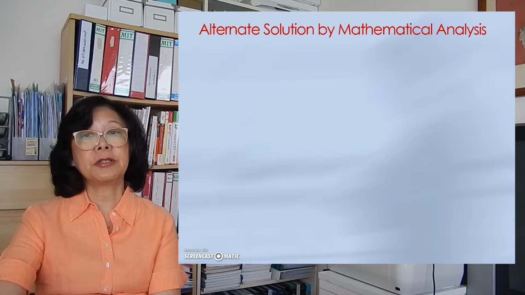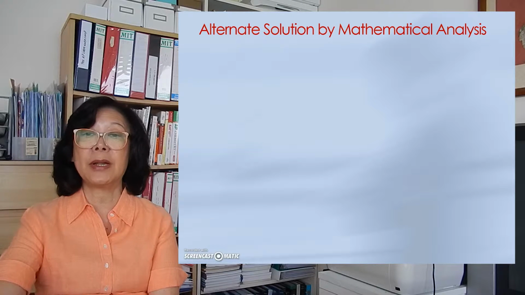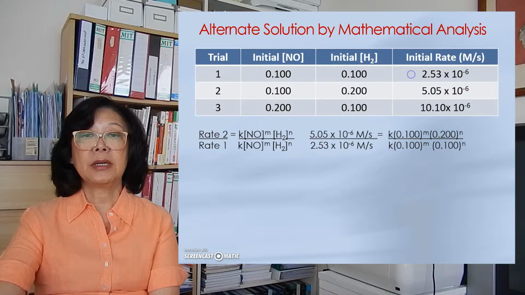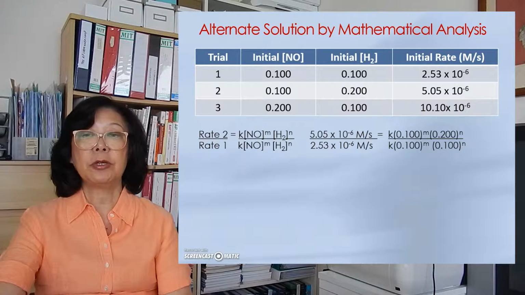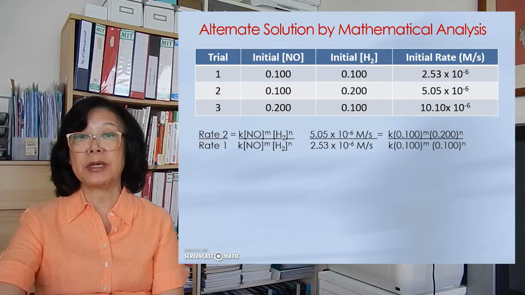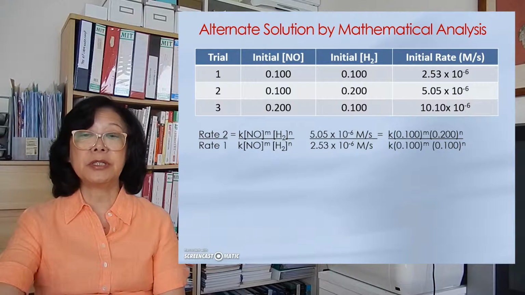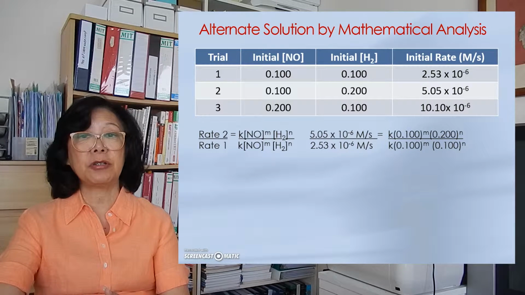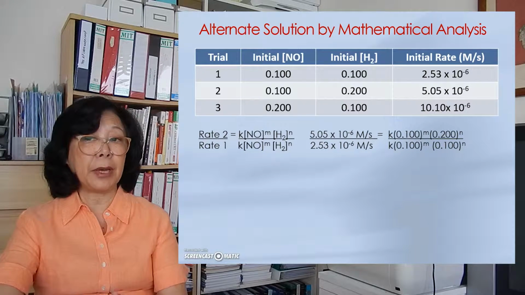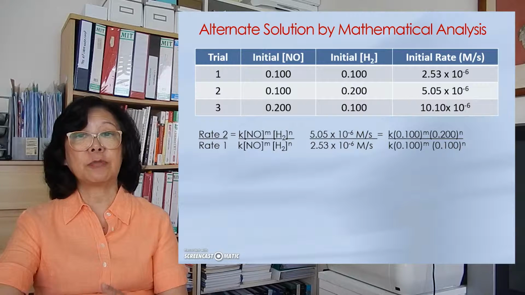Now there's an alternate solution by mathematical analysis. Here we do the ratio of rate 2 to rate 1 equal to the rate law expression on the right hand side, and we substitute the numbers in. And be sure when you write the rate law, it is the concentration of NO raised to the power m and H2 raised to the power n.